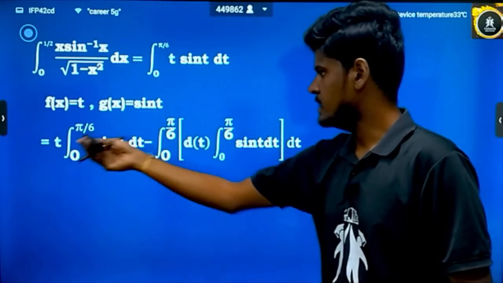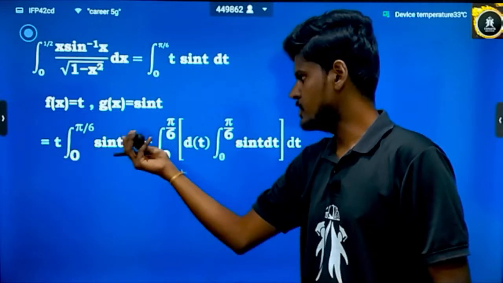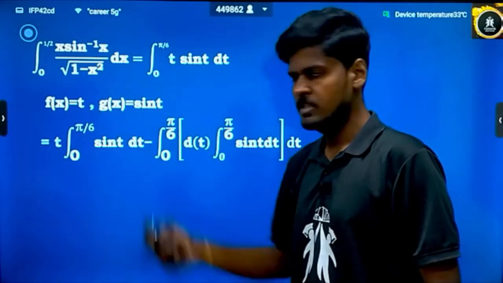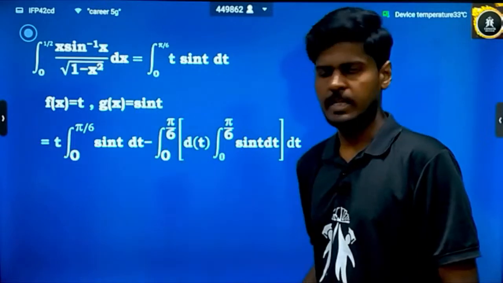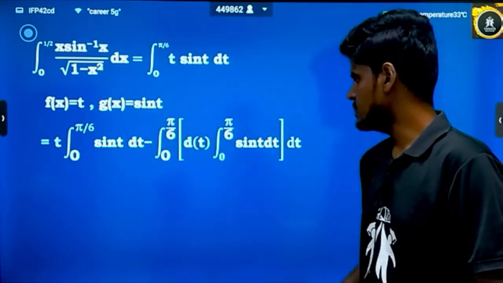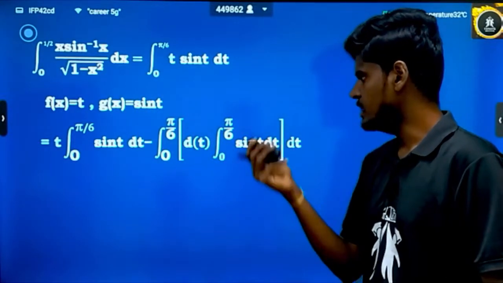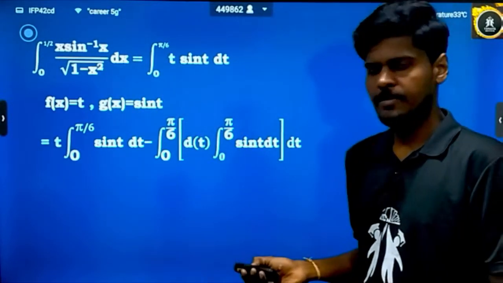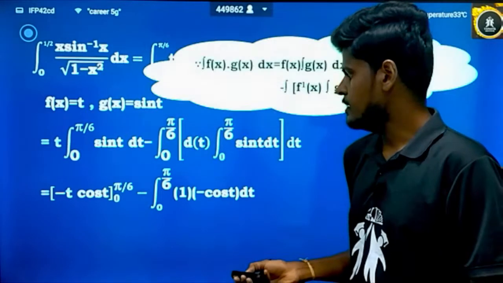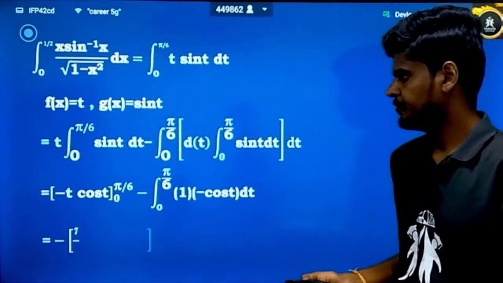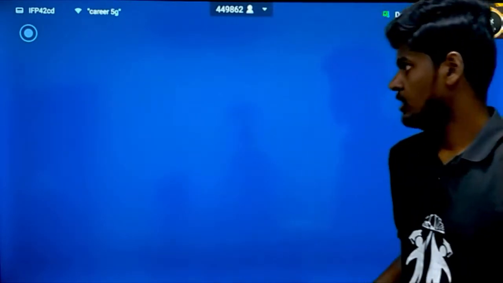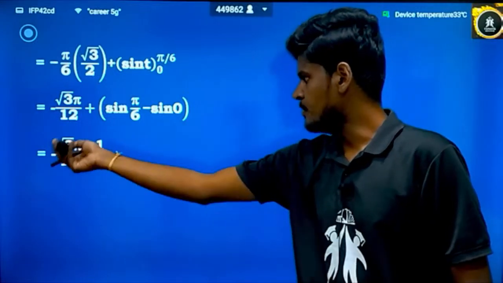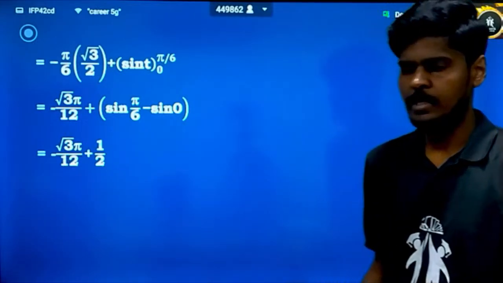U into v, that is t into integral of g of x, minus integral of this differentiation into this integration, that is differentiation is dt and integration is integral sin t. So then apply the values, simplify, and we will get the answer. So what is the answer? Answer is 1 by 2 minus root 3 pi by 12.